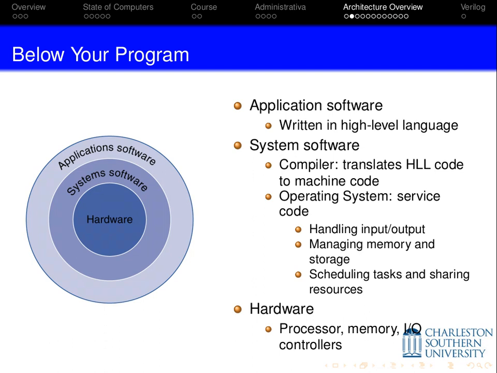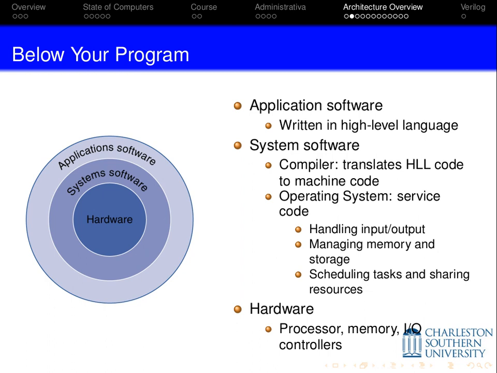Okay. Below your program, this is one way to think about how your program executes on your machine. The application software is the program you've been writing or running: Photoshop, a game, or Visual Studio. Underneath that is the system software, aka your operating system, usually composed of libraries, such as the standard C libraries, as well as your kernel, the piece of software that executes closest to the hardware and interfaces with it.